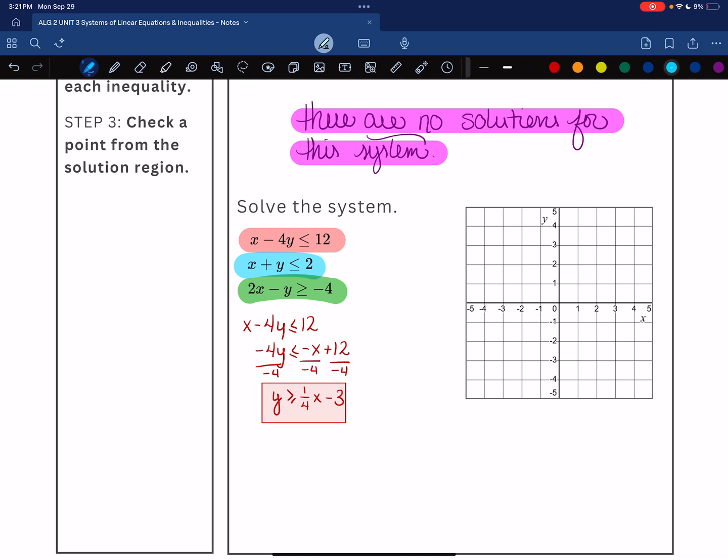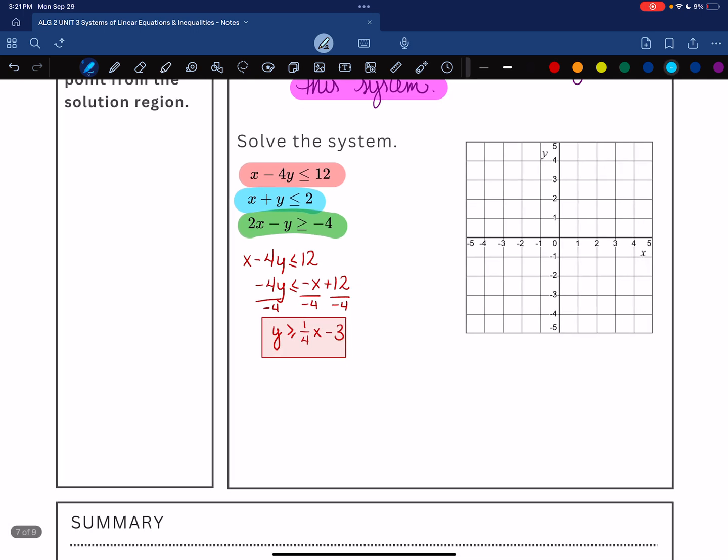Then my second inequality, that one also needs a bit of reworking. Just taking that x term to the other side. Done so by subtracting it. No problem there with that one. And then the green, I'm going to work over here.